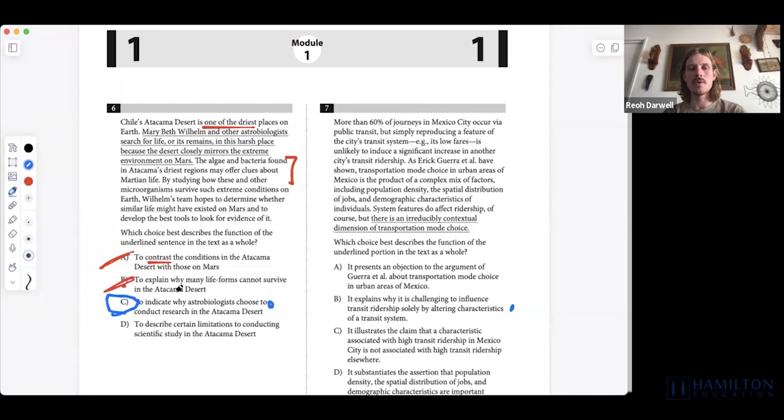C, even though we don't discuss why exactly they are researching in the Atacama in this sentence, knowing the rest of the passage clarifies C. And then finally with D, not there whatsoever, right? They don't talk about the limitations of study in the Atacama Desert. They don't talk about the difficulty of studying due to remoteness or anything like that. They're just saying it's harsh, which is good, which is what we want.